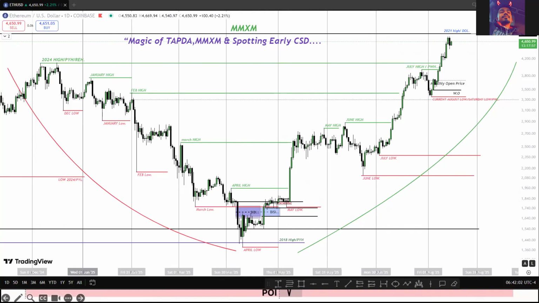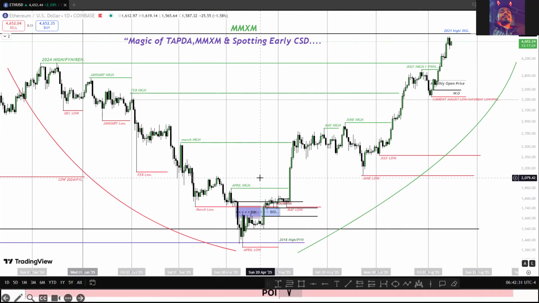So here we are going from a sell program to a buy program, right? As we are closing above previous cycle high, to me, a CSD has occurred. From there, we should be taking out previous cycle highs.